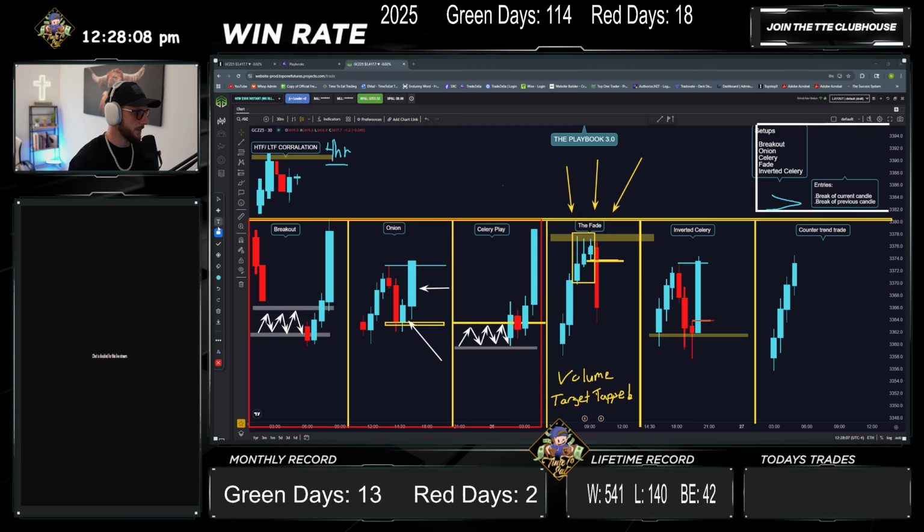So what'll happen is, let's just say that this is a resistance level right here, and price will tap into it, or let's say that this is a resistance level more so up here. Excuse me. And we don't want to take these buys because we're too bullish right now, right? We've been moving up for quite some time.